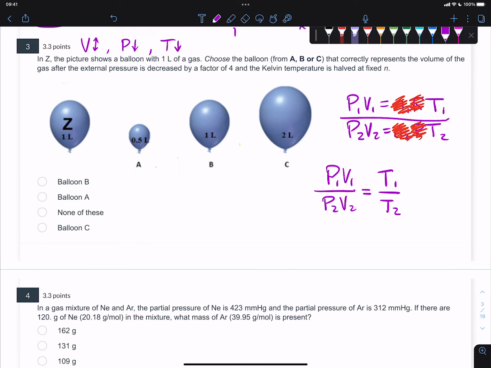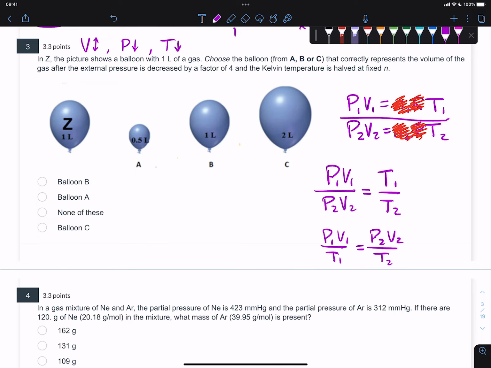This is one way to write the combined gas law. You could also have moved all the 1s and 2s to the other side if you want to, and you'd get P1 V1 over T1 equals P2 V2 over T2. Just be aware if you're studying and you see it in one of these two forms, they are saying the same thing.